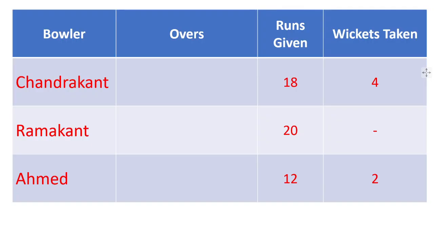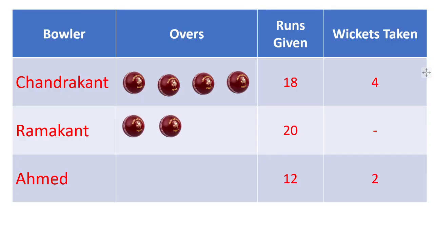As it is overs, let me put pictures of balls to show how many overs Chandrakant bowled. I have kept 4 balls. You should understand that Chandrakant bowled 4 overs, Ramakant 2 and Ahmed 3.